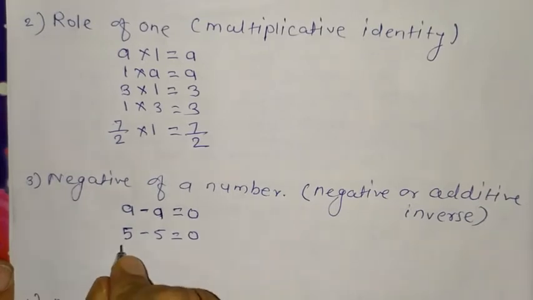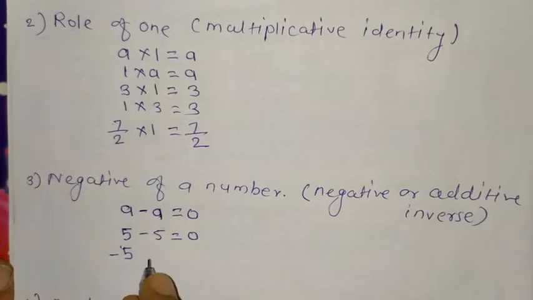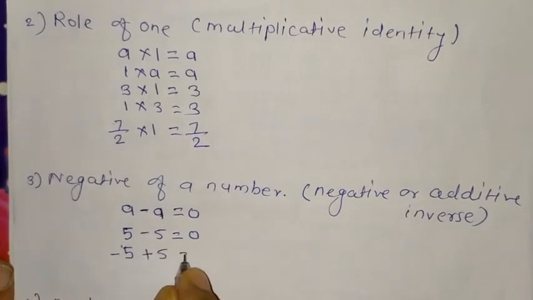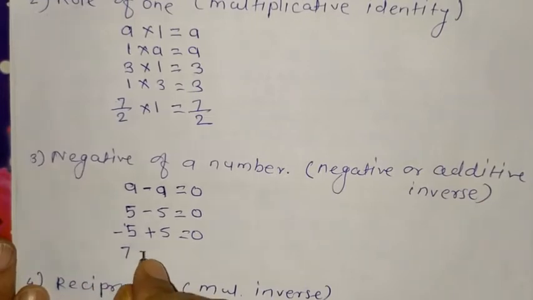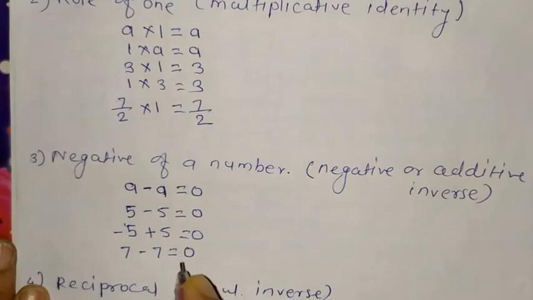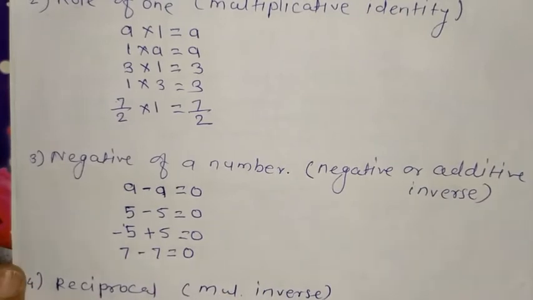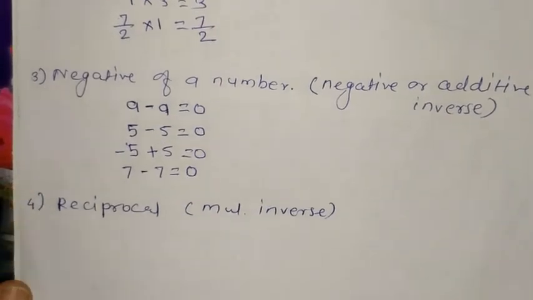If you take minus 5, then its opposite is 5, so it is 0. What is the additive inverse of 7? Minus 7, so that we will get 0. So this is known as the additive inverse, so that we get 0 in the equation.